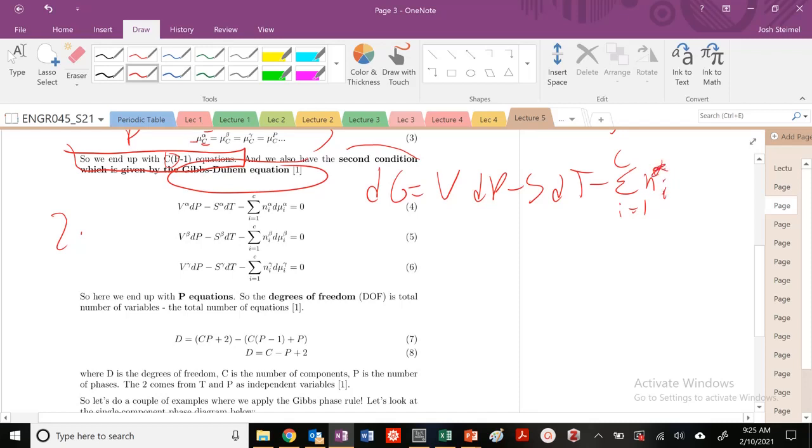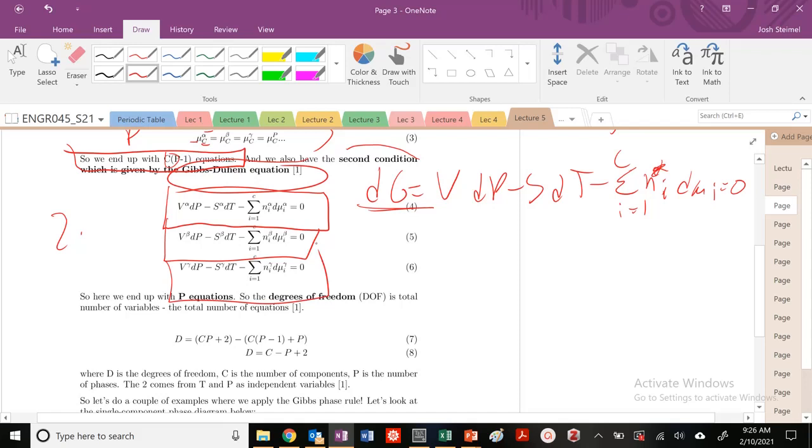You can write this more generally as dG equal to 0. In order for phases to be in equilibrium, we need our Gibbs free energy to be minimized. That's all it's saying here. In each phase, we need to be at equilibrium, the lowest energy state. So to be in the alpha state or the beta state, we need to have the lowest free energy.